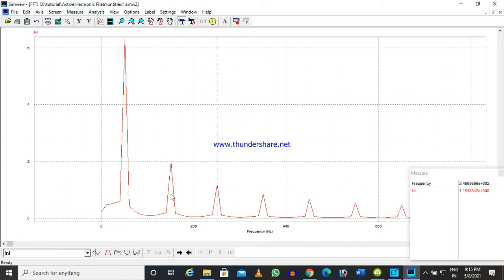As we have understood from here, the 150 hertz component amplitude is around 2 ampere and the 250 hertz component amplitude is around 1.2 ampere. Now simply, if I subtract these two from the load waveform, then these two peaks can be suppressed.